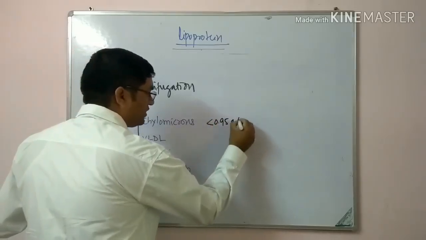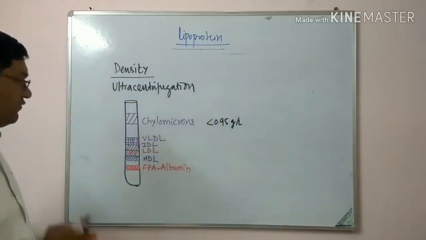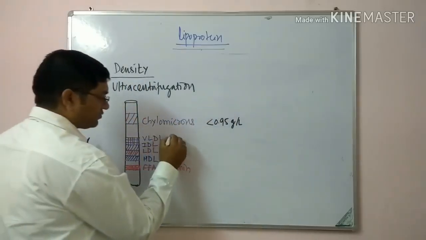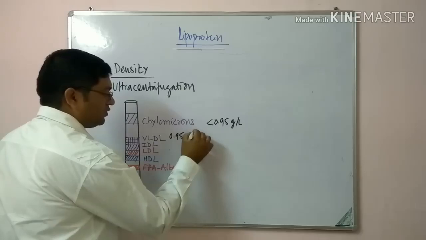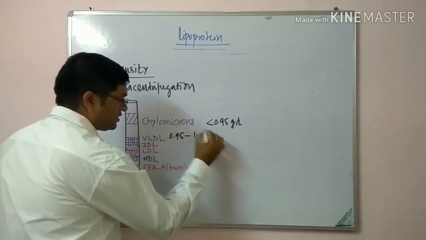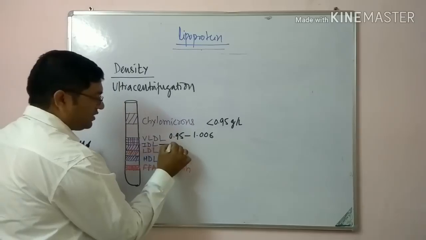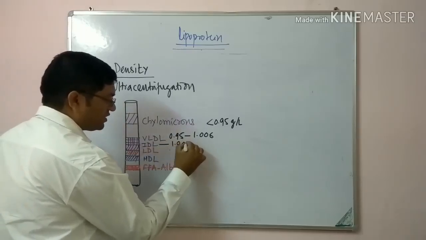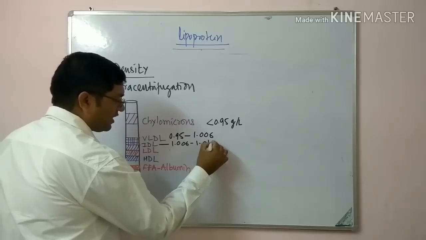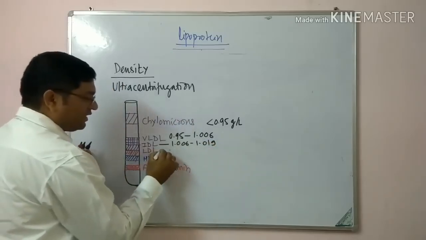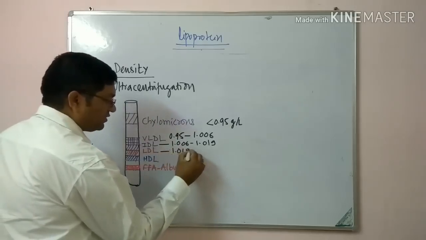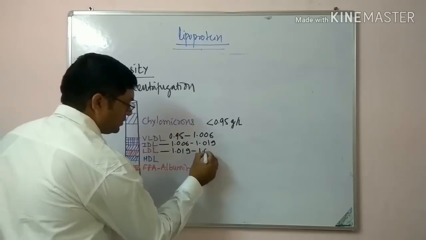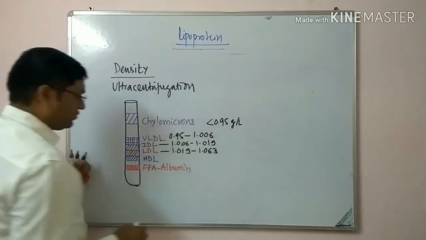If you see the density, the chylomicron has a density less than 0.95 gram per liter. Then VLDL is 0.95 to 1.006. IDL is 1.006 to 1.019. Then LDL, the density is 1.019 to 1.063.